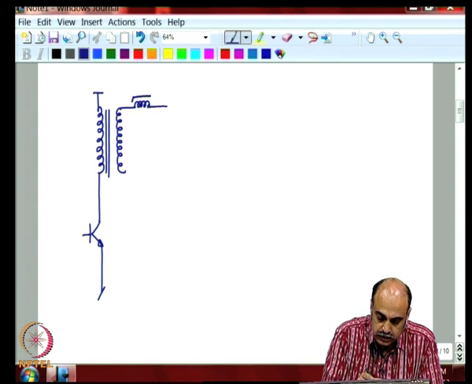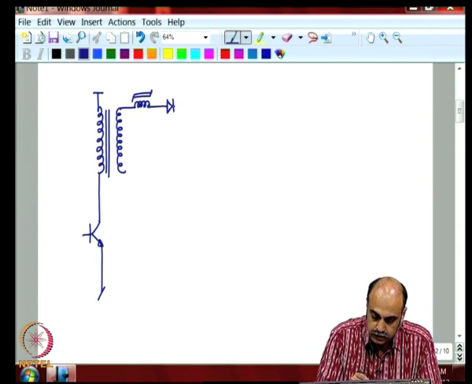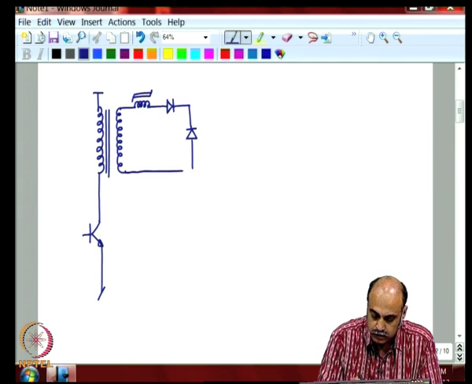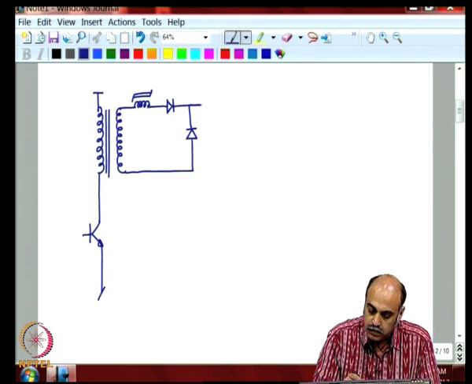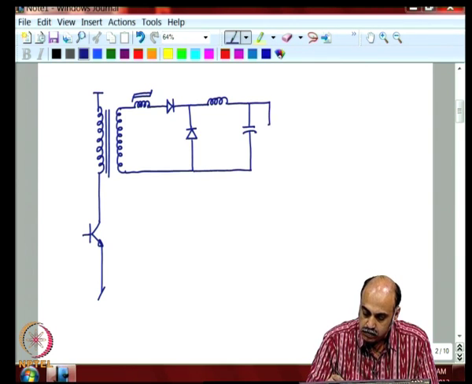There is one saturable inductor and then the regular buck converter, which is present in other forward winding converters.